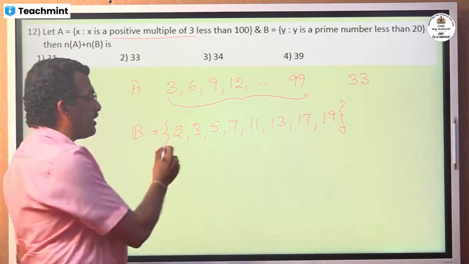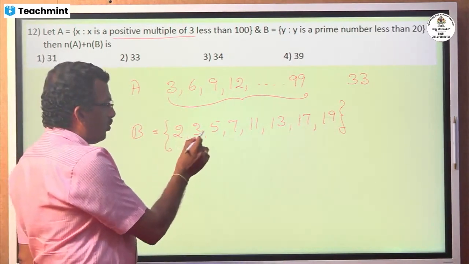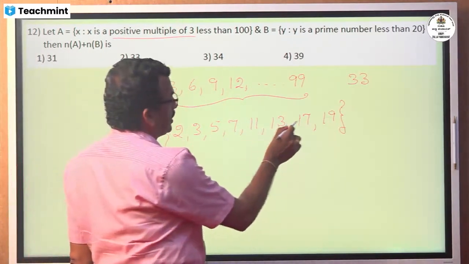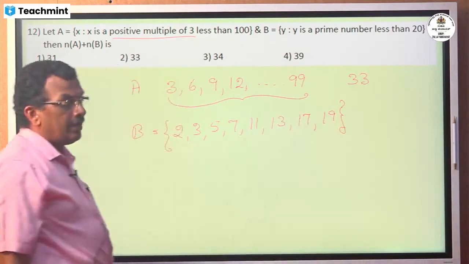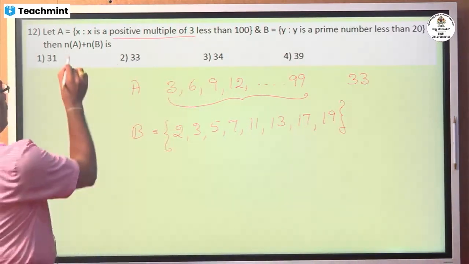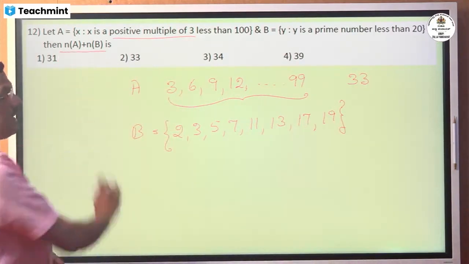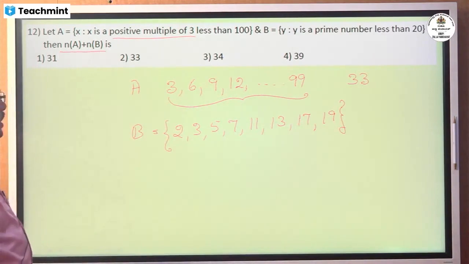How many elements are there in this set? 1, 2, 3, 4, 5, 6, 7, 8. There are 8. The question asks: number of elements in A plus number of elements in B equals?